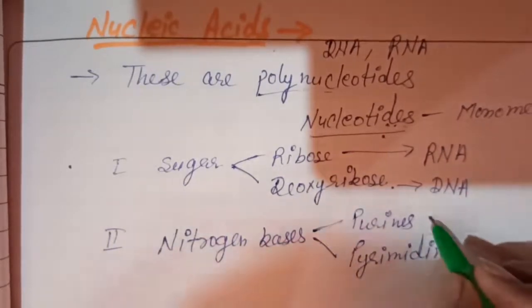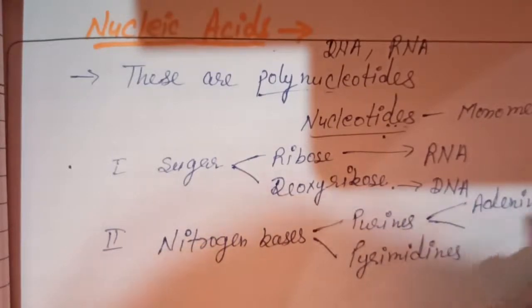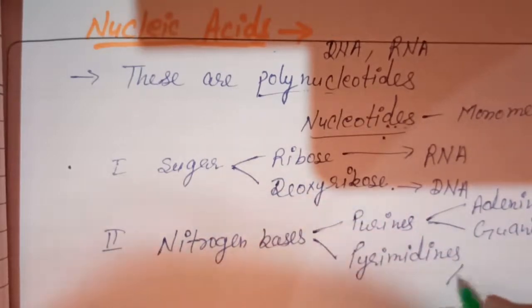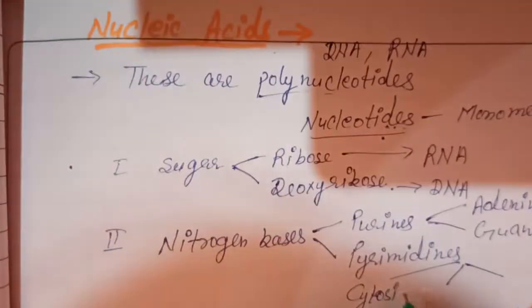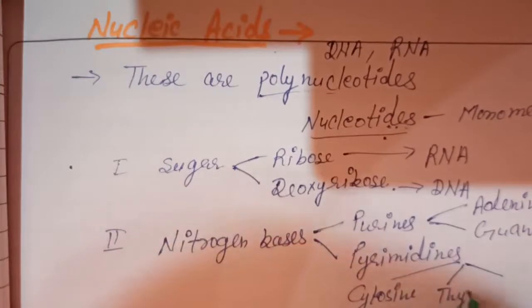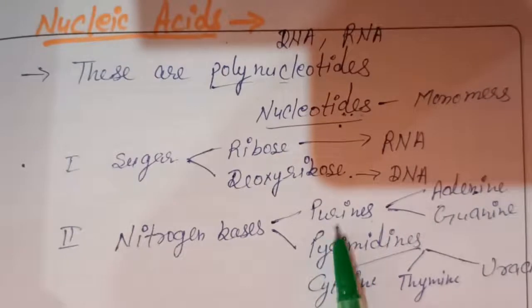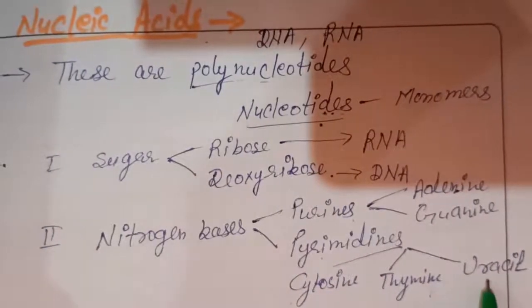Right, we have two purines, that is adenine and guanine, and we have three pyrimidines. These are cytosine, thymine and uracil. Right, so here adenine, guanine, these two are purines, and cytosine, thymine and uracil, these are pyrimidines.